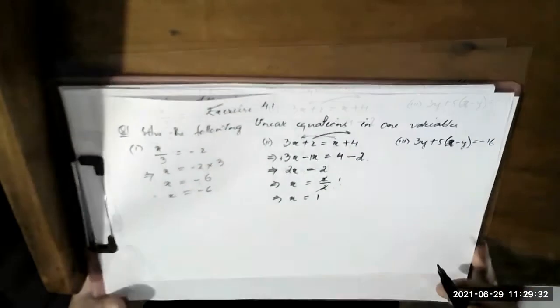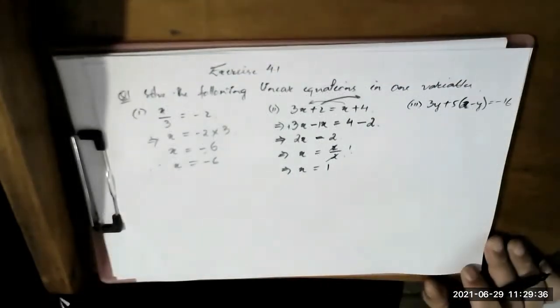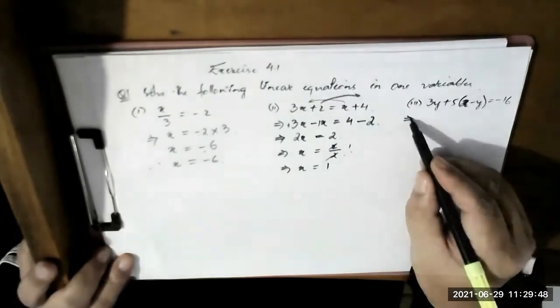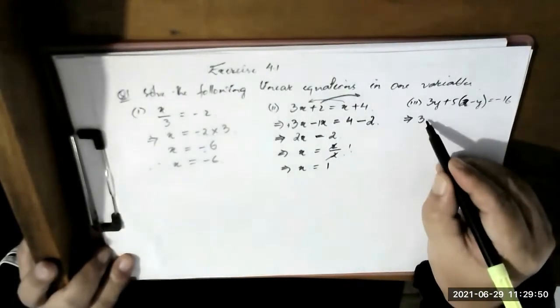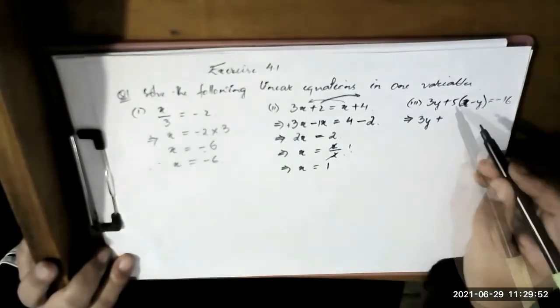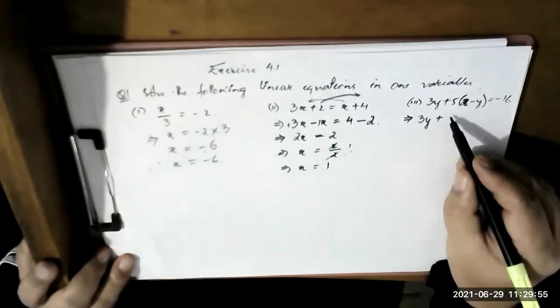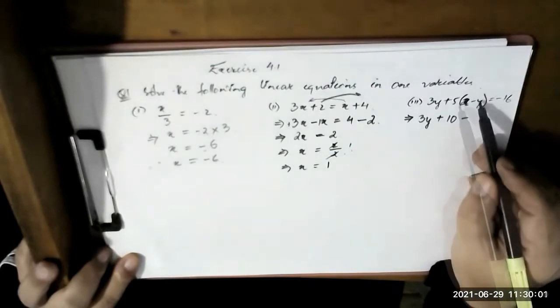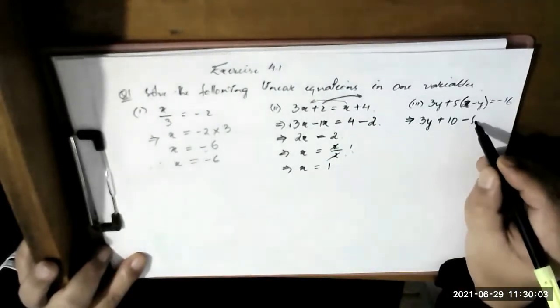And question number 3. In this type of question, we need to solve the bracket first, so we need to follow the BODMAS rule. This question implies 3y + 5 multiplied by (y + 2)... giving 10, minus, plus times minus is minus, 5 into y is 5y.